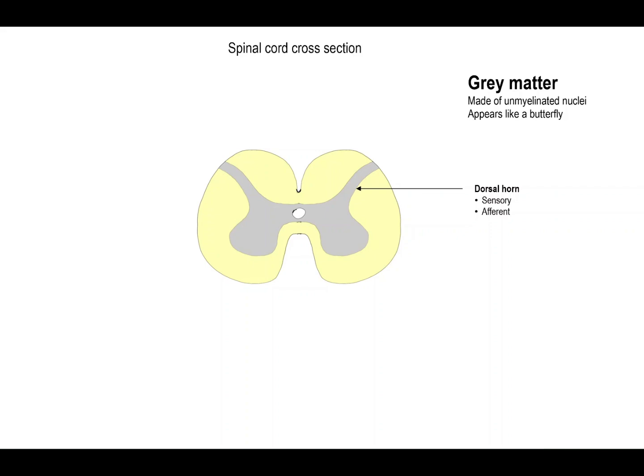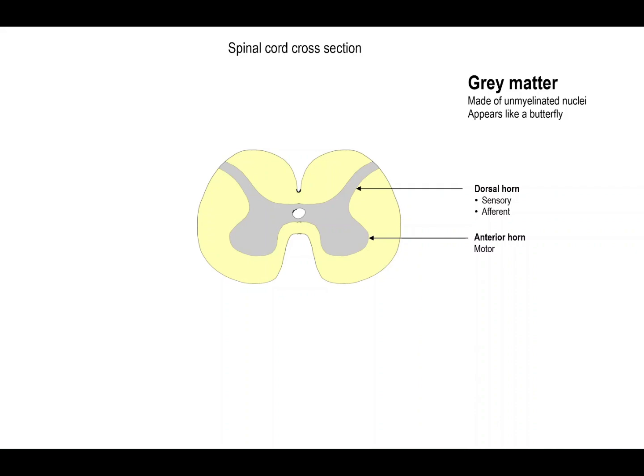Now, if there's a dorsal horn, there should also be an anterior horn, or ventral horn. This thick end of the butterfly, which does not reach the surface of the spinal cord, is called the anterior horn. The anterior horn is primarily motor, and it's efferent because it sends information away from the spinal cord to the body.